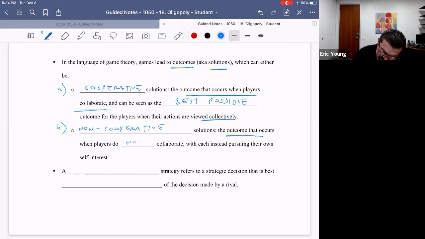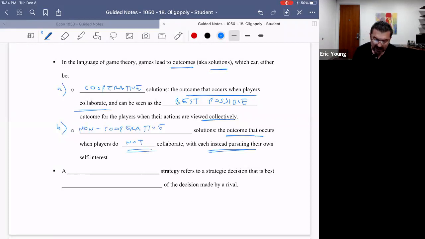Instead of collaborating, each player says, the hell with him, I'm going to pursue my own self-interest. You can see the non-cooperative solution as what happens when the cartel that we discussed earlier breaks down. Each player says, screw the arrangement, I'm going to violate, I'm going to produce more to maximize my profits, and the hell with them.